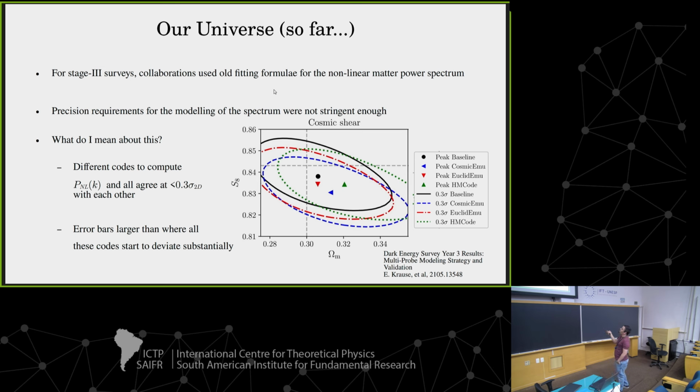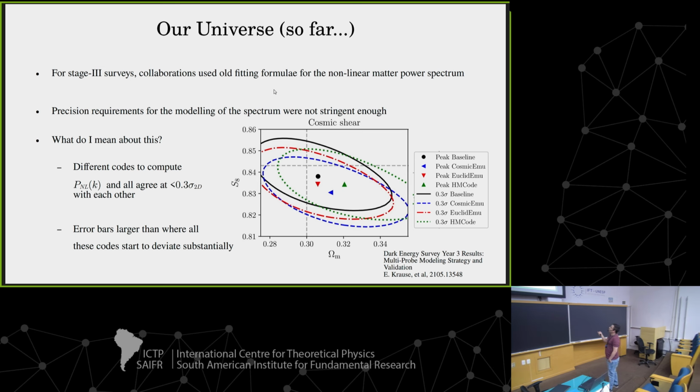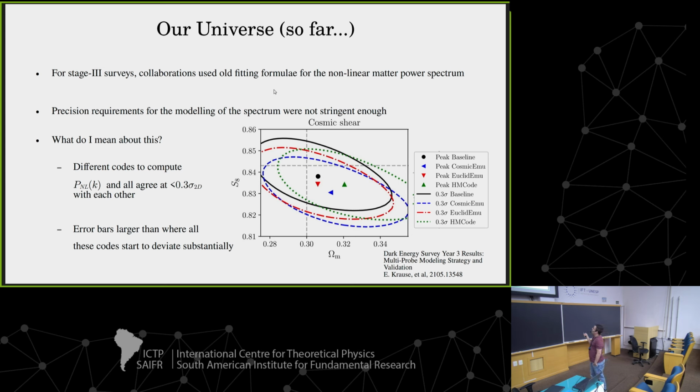The baseline is halofit, CosmicEmu and Euclid Emulator are different emulators, and HMcode is another fitting formula. Even though they are not in agreement here, they cannot be distinguished from each other. They're not biased in the results because they all agree to below 0.3 sigma deviation between each other.